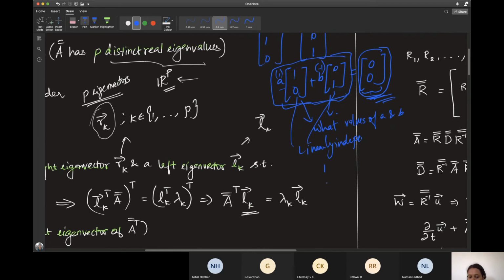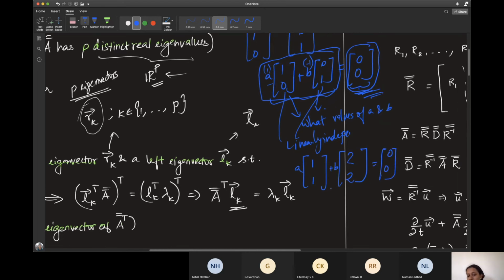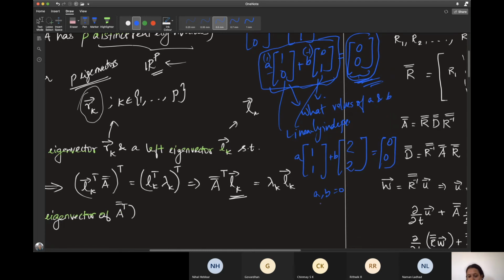If you have the vectors (1, 1) and (2, 2), now a times the first plus b times the second equals (0, 0). Along with a and b being 0, you can have a equals minus 2 and b equals 1, which also gives the zero vector.